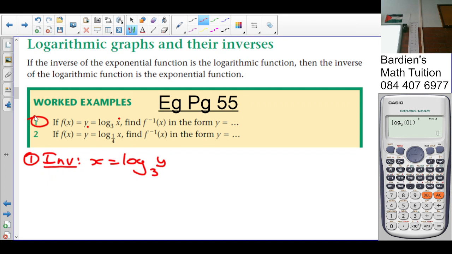If you make y the subject of the formula, it goes on to the base. The base remains the base. So y is equal to 3 raised to the exponent x. And that is your inverse function.